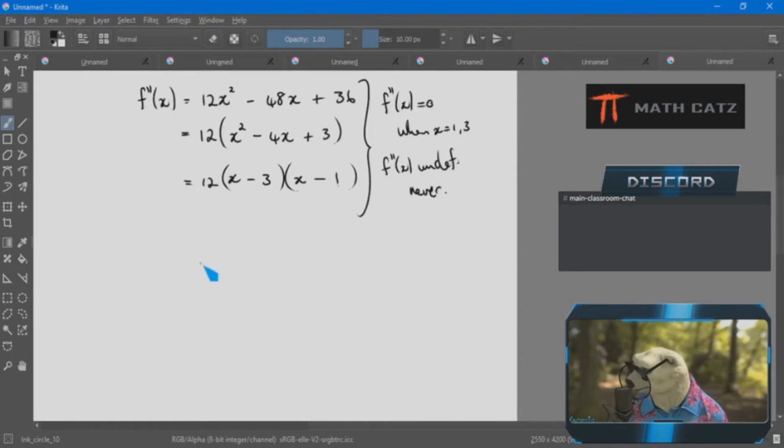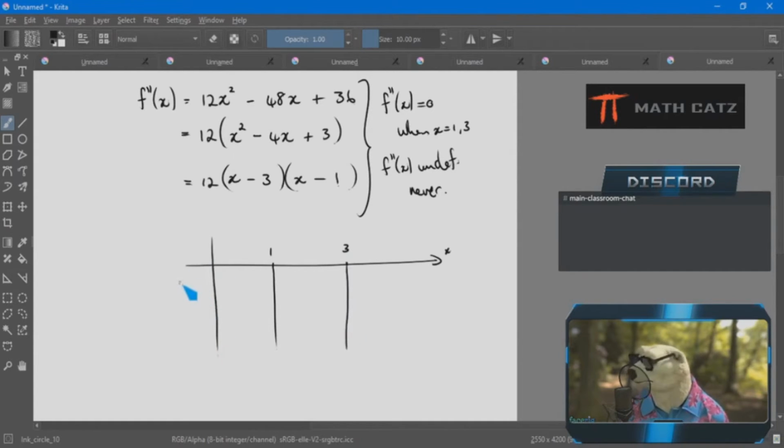So we're making progress. Now everything that I get out of this check, those are the x values that I'm going to list, and that's going to split my x-axis up into, in this case, 3 intervals. Now I list all the pieces that I see in my second derivative.